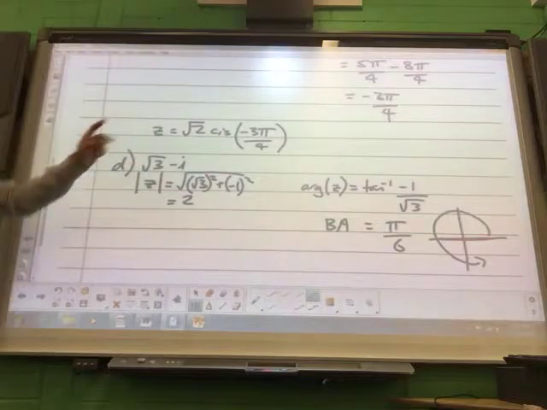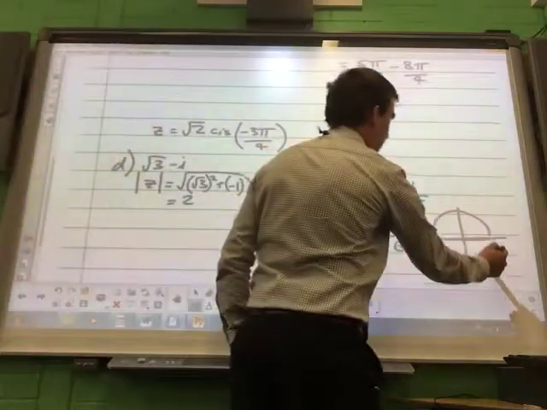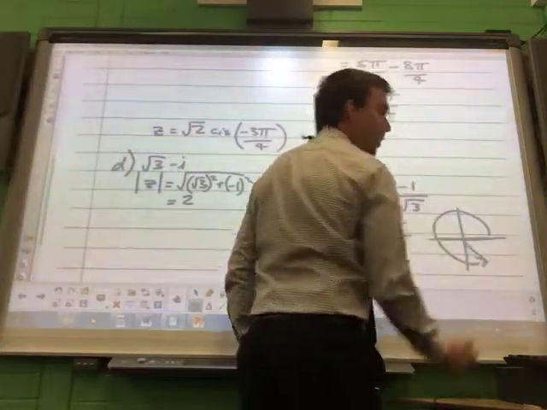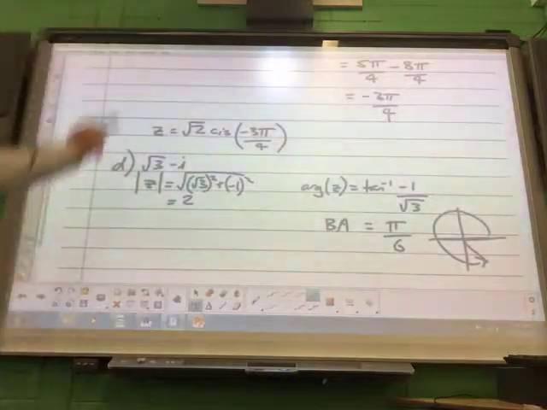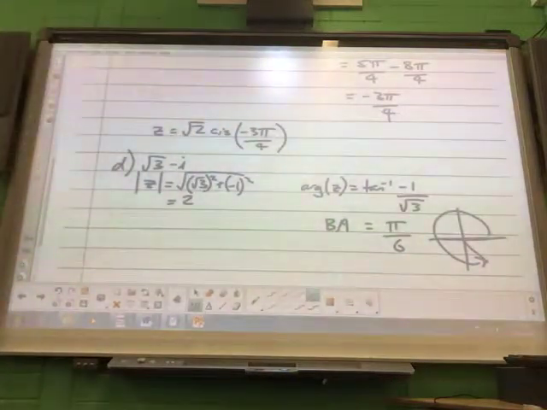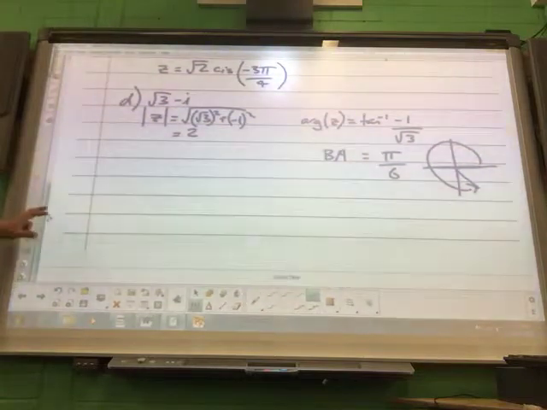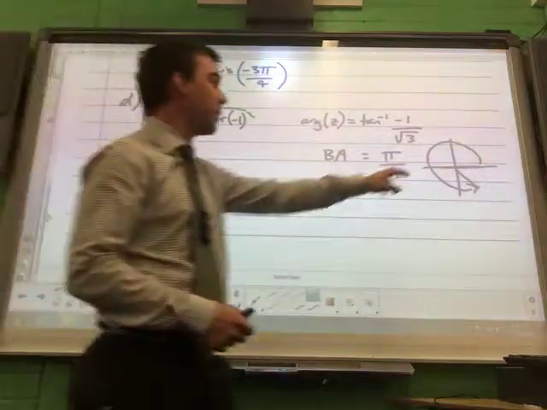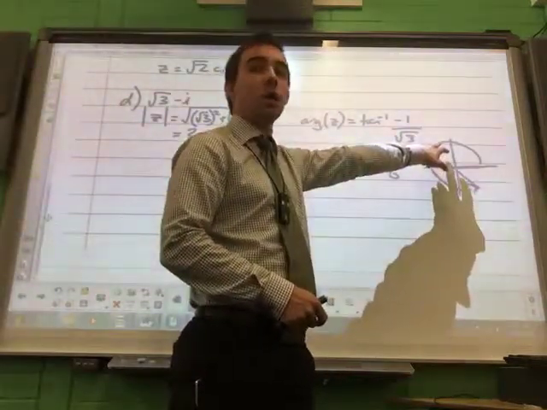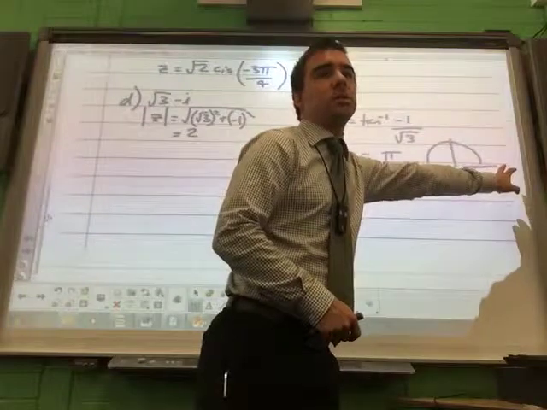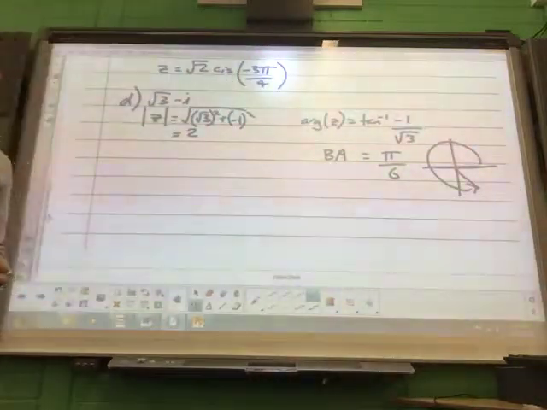Root 3 take away i is in the fourth quadrant there somewhere, so we need to go the whole angle. So how do I represent an angle in the fourth quadrant? 360 take away. Remember, basic angle: 180 take away, 180 plus, 360 take away your basic angle.